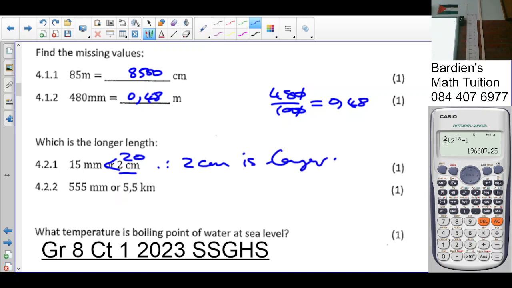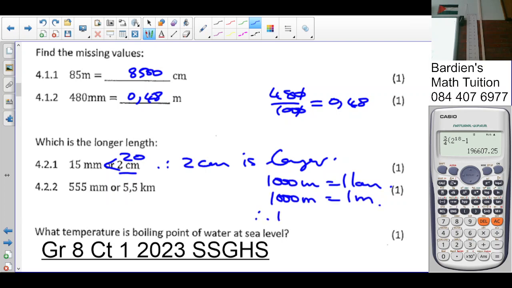How many millimeters are there in a kilometer? A lot. A million. Why? Because there's 1,000 meters in a kilometer, so 1,000 meters equals 1 kilometer. And there's 1,000 millimeters in 1 meter.